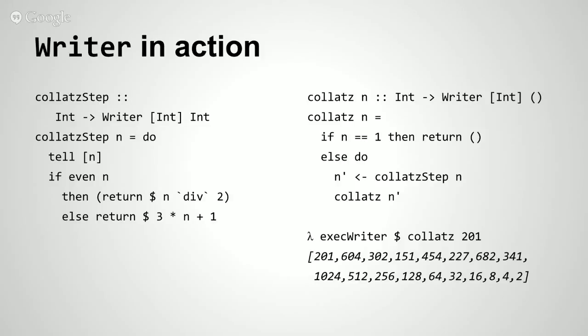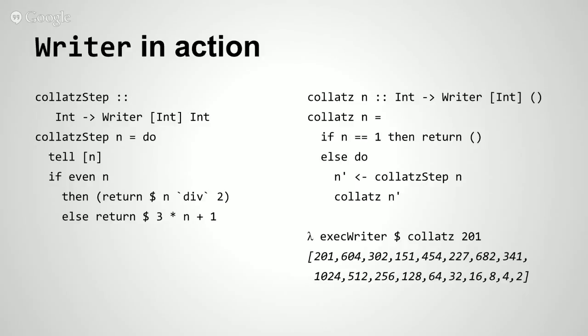Then you halve it because it's even, halve it again because it's even, you get 151, it's odd, so you go to 3n plus 1, 454, halve it, 227, 3n plus 1 because it's odd, 682, halve it, 341, 3n plus 1 is 1024, and then you can just keep halving until you get down to 1. The Collatz conjecture is that every number gets to 1 eventually through that process. So there's nothing that diverges and there are no cycles.